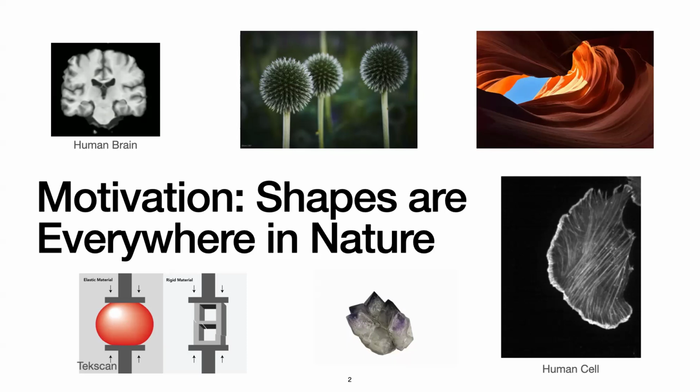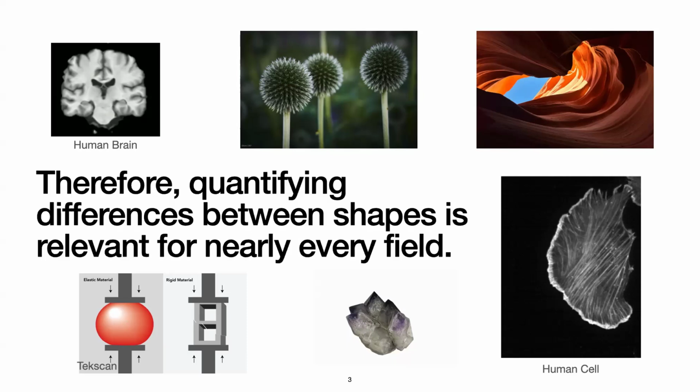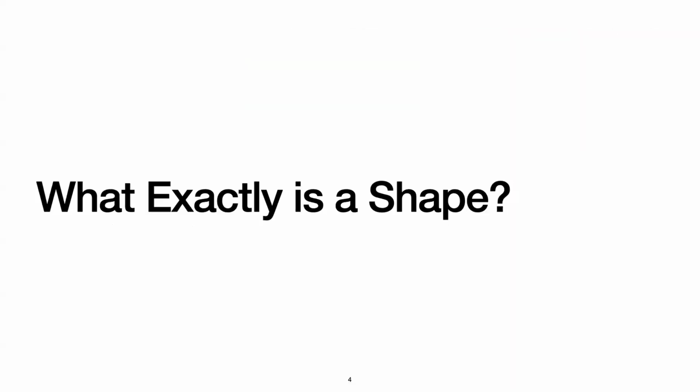So shapes are really a fundamental element of nature, and I think that this will be applicable to a lot of you, or I hope it will be. Therefore, quantifying differences between shapes is relevant for nearly every field.